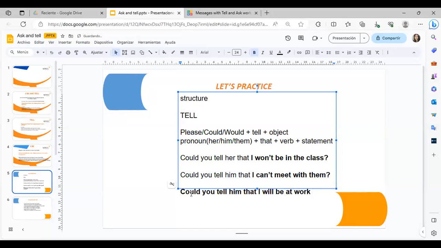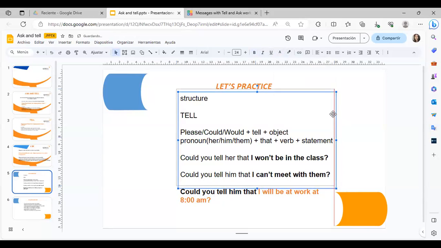Could you tell him that I will be at work at 8, you say, right? 8 a.m. or 9 a.m.? Okay, at 9 a.m. Yes, that is correct. Here you're following the structure, right? Could you tell him that I will be at work at 9? So the statement is this one: I will be at work at 9. So yeah, David, I see that now you got it. Very good.